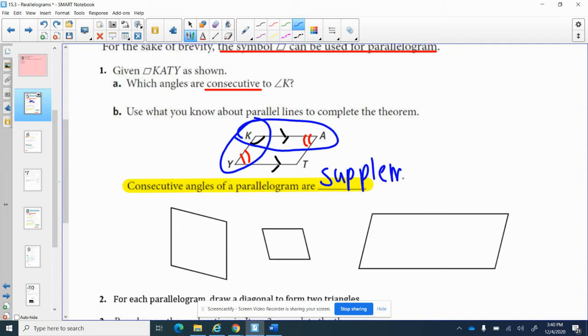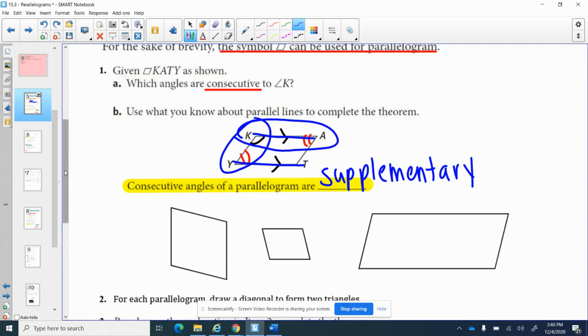The reason we know that is because of same side interior angles. For instance, K and Y are same side interior angles of our parallel lines. Since they're on the same side in the interior, they're supplementary to each other. Okay, so definitely highlight that. That is the first of our many properties.